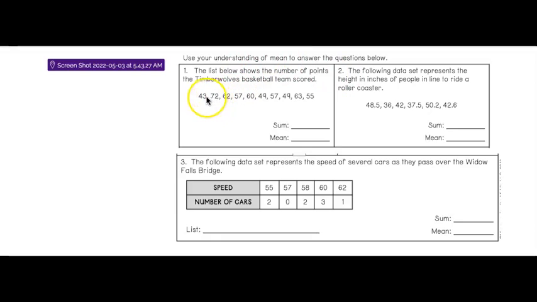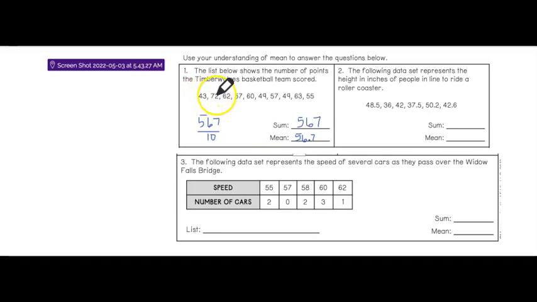But we need our sum first. If we add up all of these numbers, we're going to get 567. Now, if we take 567 and divide it by the amount of data points that we have, which is 10, our mean, so our average, is going to be 56.7.